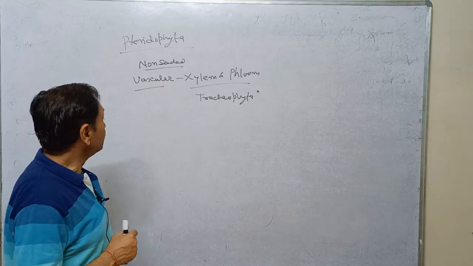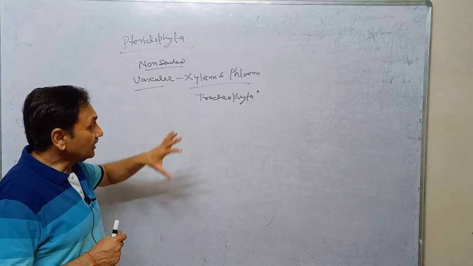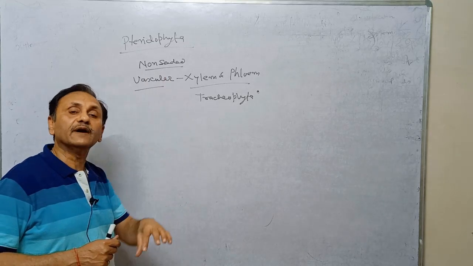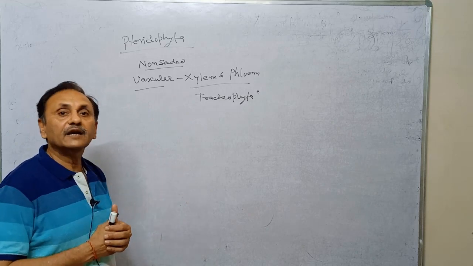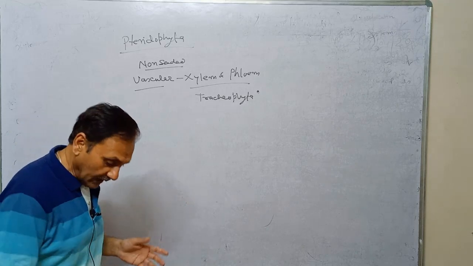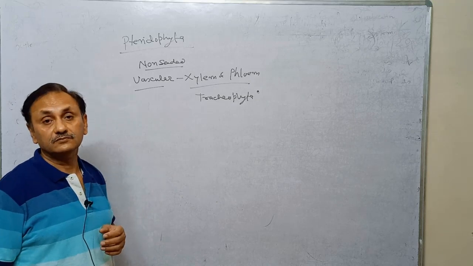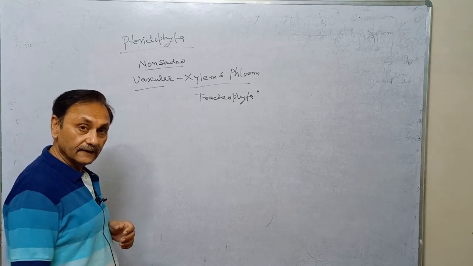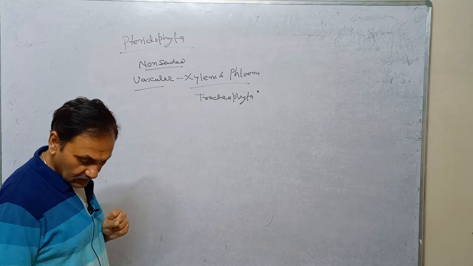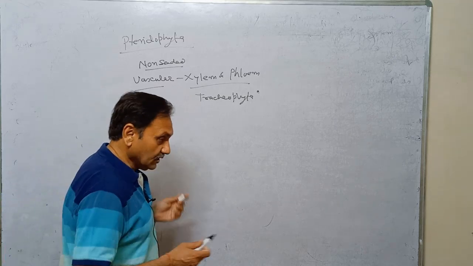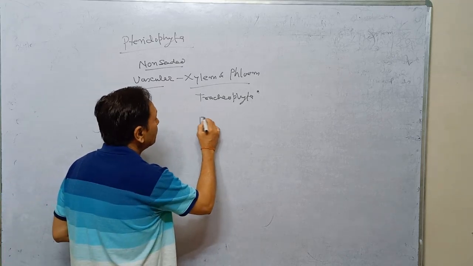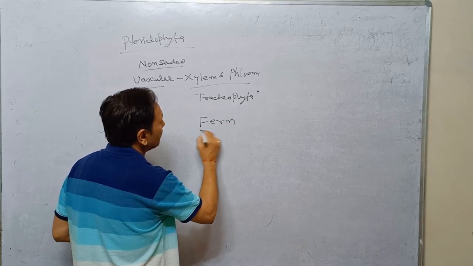But in the case of pteridophytes, both sporophytes and gametophytes are independent, which means both have the capacity to prepare food. We can study this with the help of a typical example, the fern.